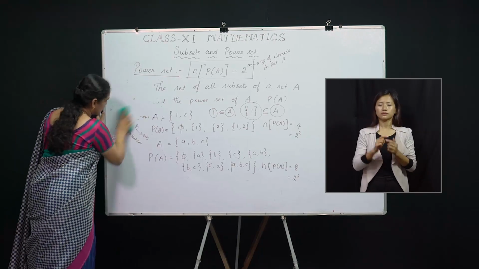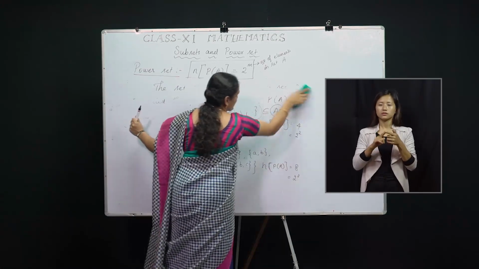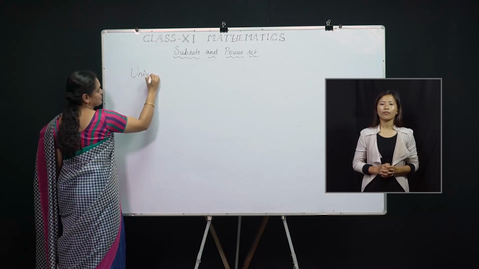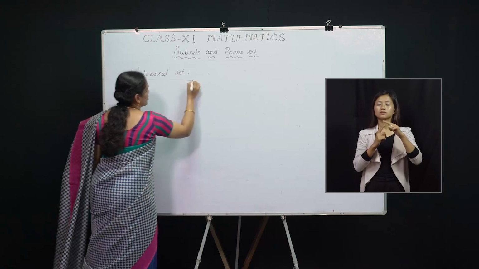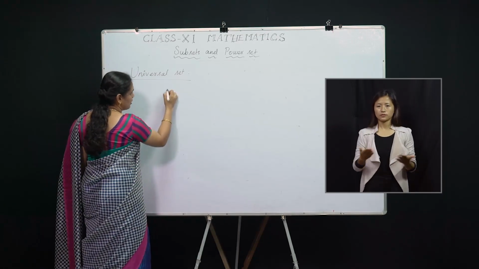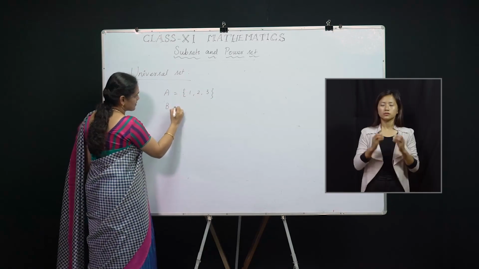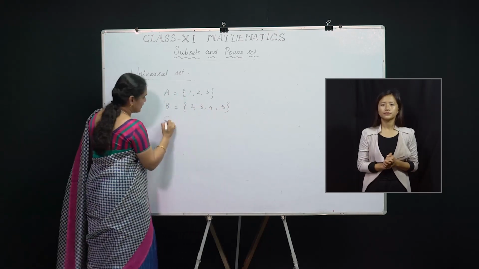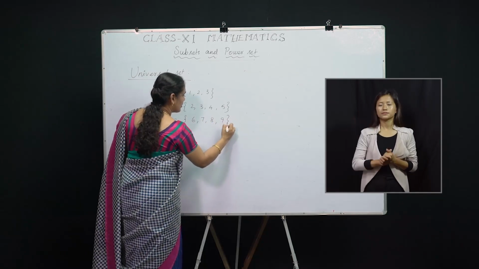Then the last one is the universal set. The universe contains everything, right? So the universal set, for example, A is {1, 2, 3}, B is {2, 3, 4, 5}, and C is {6, 7, 8, 9}, right?